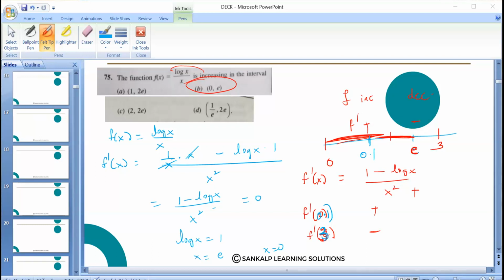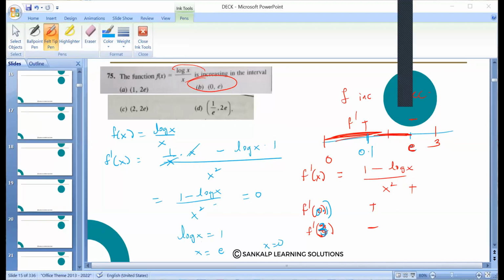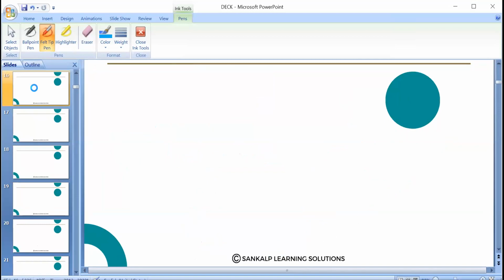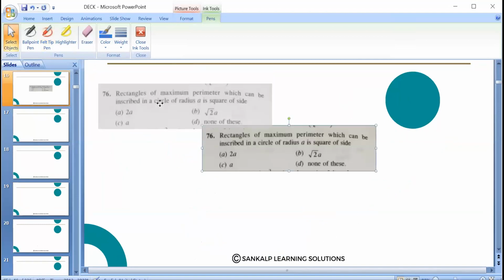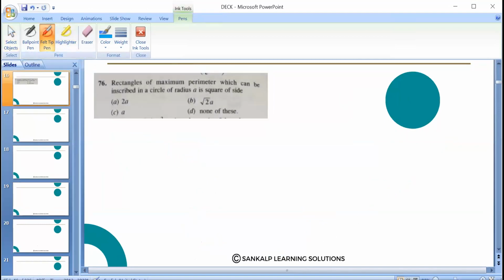Next, we will consider 76. Rectangles of maximum perimeter, which can be inscribed in a circle of radius a, is the square of the side.